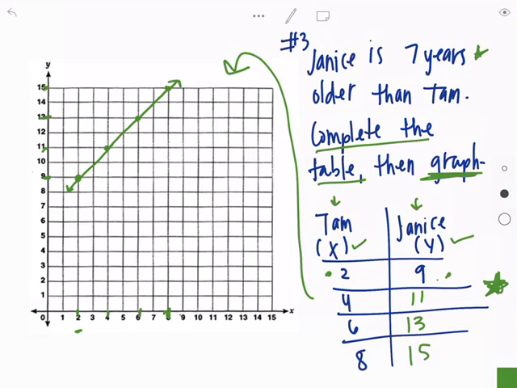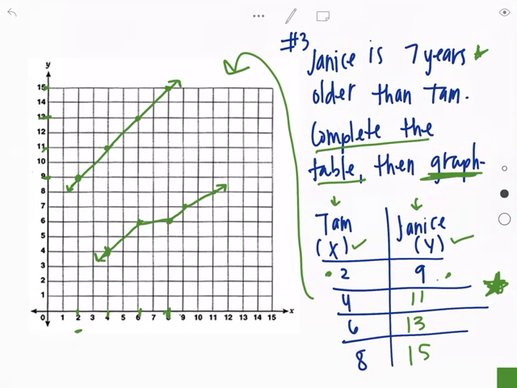There might be some graphs that are not a perfect line like this. If they're kind of like wonky and they look like something like this, you just have to make sure to make the lines as connected as possible. Okay, something like this.